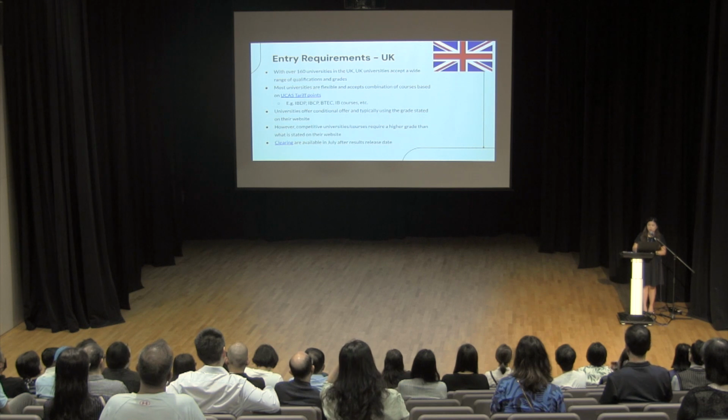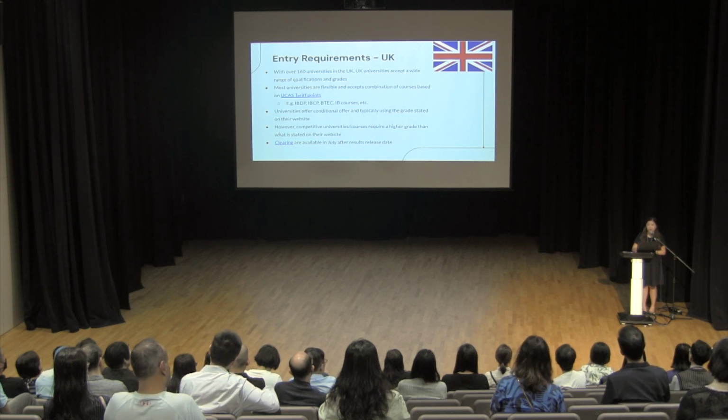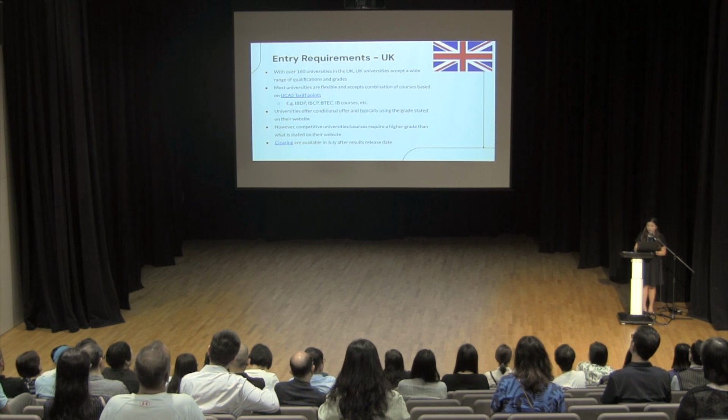If they accept you, they will say yes, you can apply, and they do accept you unconditionally because you have already received your final results. That's something we will support our students with, and something we do not want you to consider at the very beginning of your research stage.